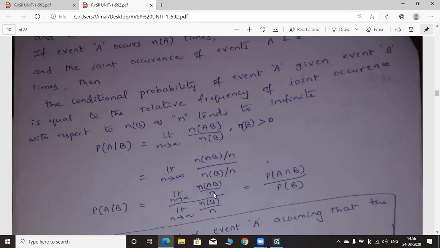Limit n tends to infinity n of AB by n, divided by limit n tends to infinity n of B by n, is equal to, according to the relative frequency definition, the numerator written as P of A intersection B, and the denominator written as probability of B. So the formula for conditional probability can be derived very easily by using the method of relative frequency.